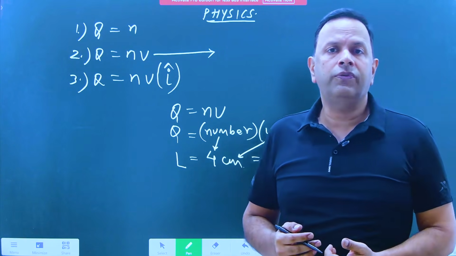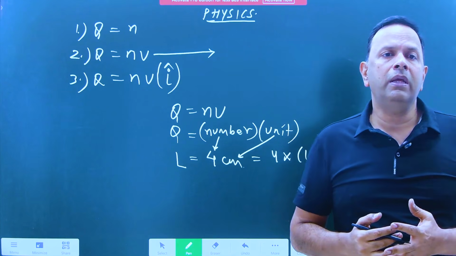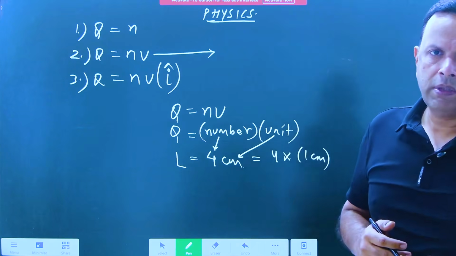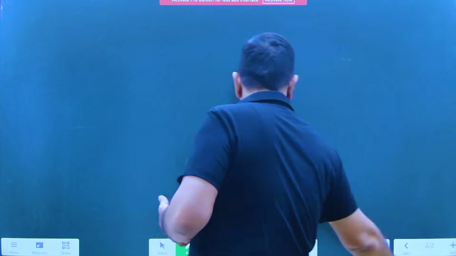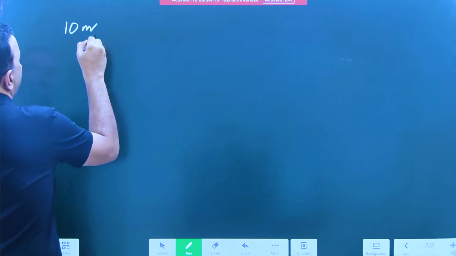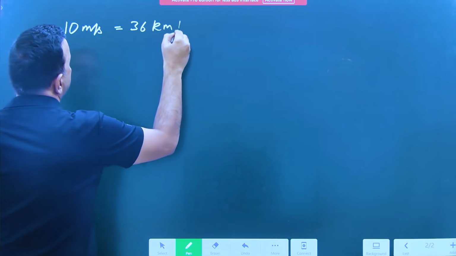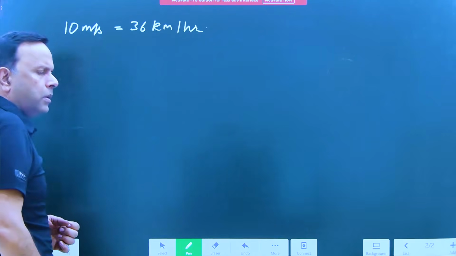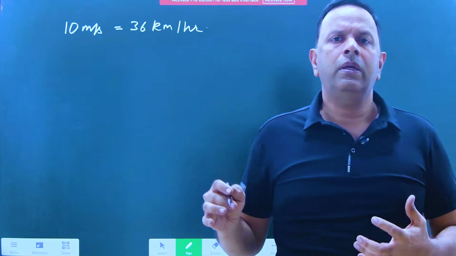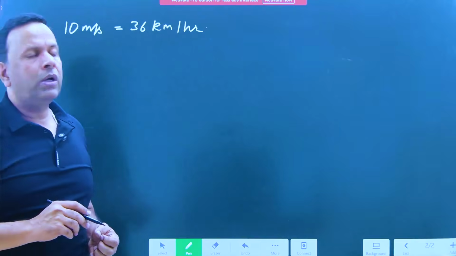And yes, I'm sure all of us know that a physical quantity can be represented in different units. For example, I can say that 10 meter per second is equal to 36 kilometer per hour. I hope you people might be learning this result, conversion of meter per second into kilometer per hour.